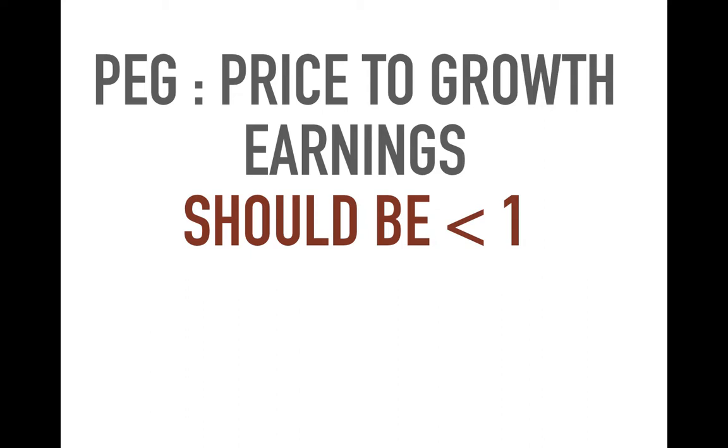So you take the overall average of that 5-year growth percentage, so it's 10 plus 15 plus 20 plus XYZ, whatever that number is, divided by 5, then you'll get a percentage. So that percentage you divide it by the price of the stock. So this value should always be less than 1 because that shows a good value of the company.